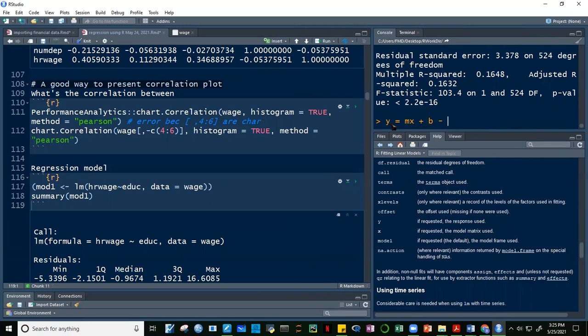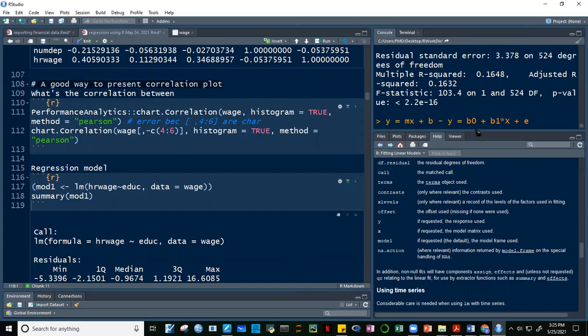Y is the dependent variable, m is the slope, x is your independent variable, b is your intercept. Or ang ginagamit natin usually diyan, beta null plus beta1 times your x, plus an error term. So ito talaga yung complete na formula.